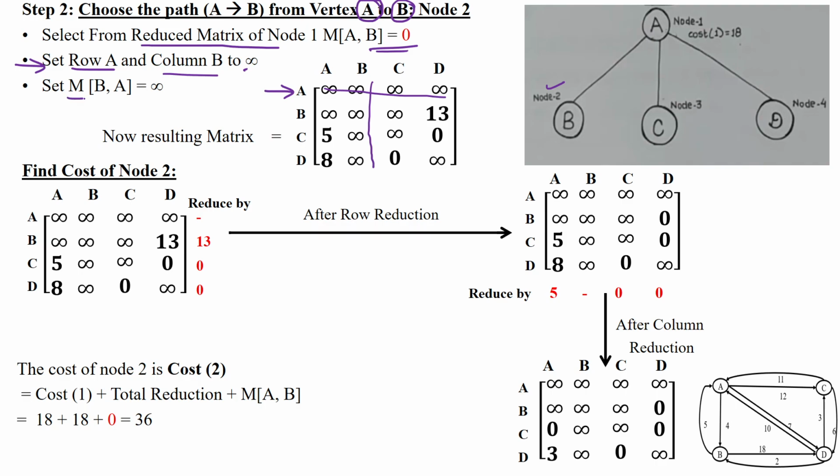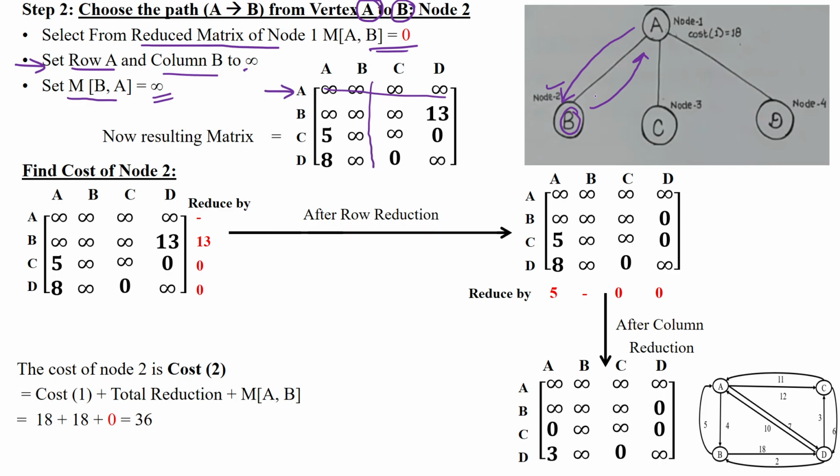And the third constraint is that we have to make M of B comma A infinity. Why are we making M of B comma A infinity? Once you are going to node 2, that is B, you will not come back to A. So there is no path. Once you have visited, you should not go back to A again.